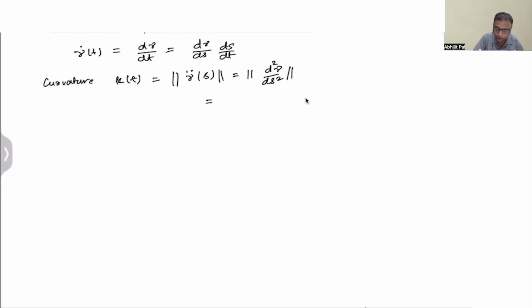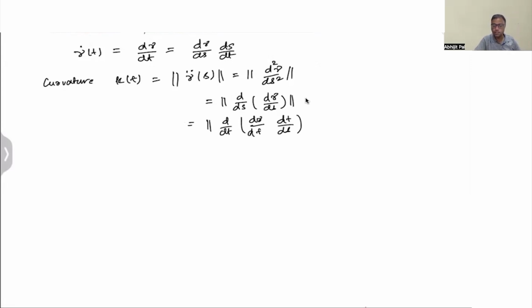Again I can write this as the norm of d/ds of d gamma/ds.